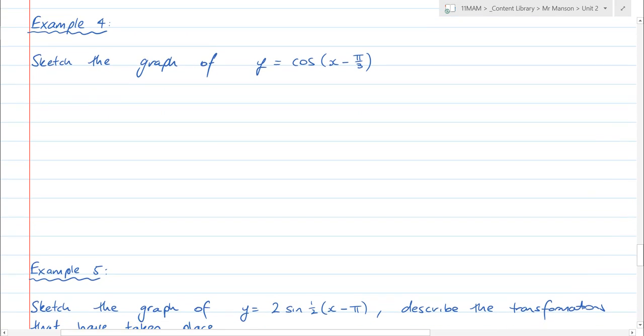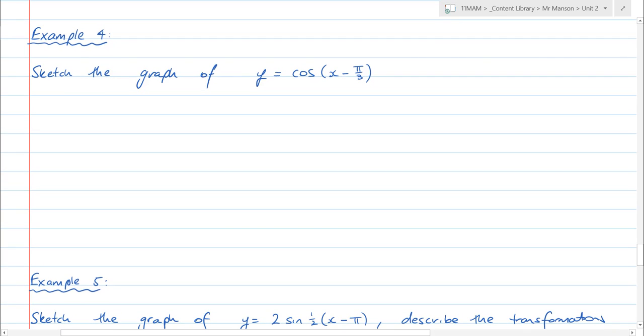So here's a couple of examples. First one just has a C value. Sketch the graph of y equals cos of x minus pi on 3. So to do this, the first thing I'm going to note on this graph is that A equals 1, B equals 1, and C is equal to pi on 3.